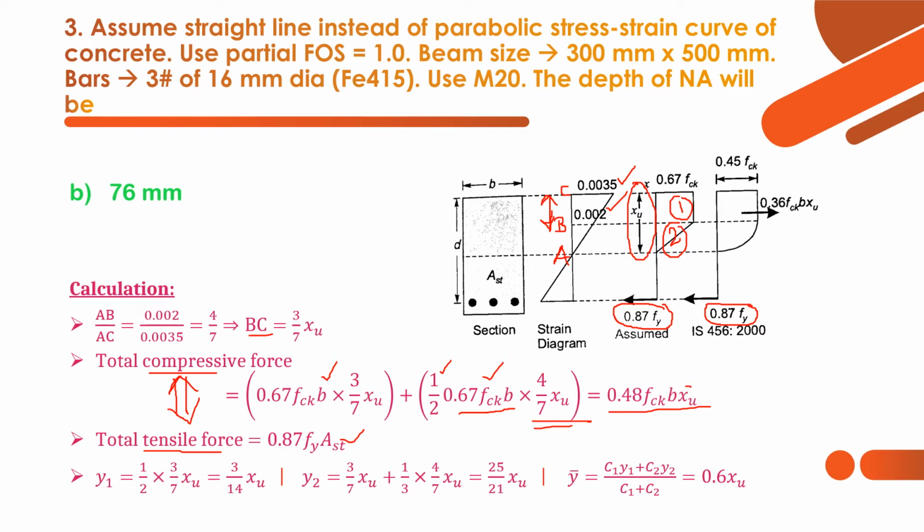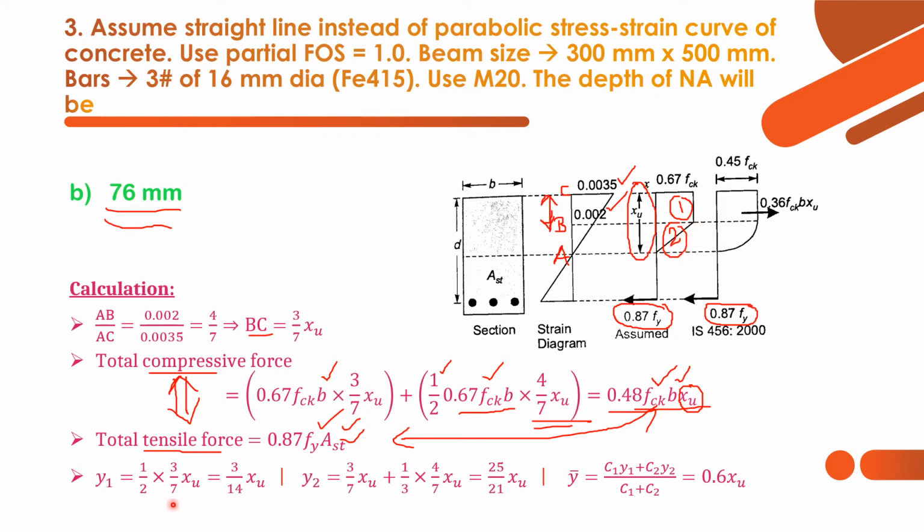So xu we can get as 76 mm. Just substituting the values of fck, b, fy and Ast, we know all of these. On equating these two equations, we get xu. This is how we calculate the xu value, the depth of neutral axis, when we are considering this other stress block variation.